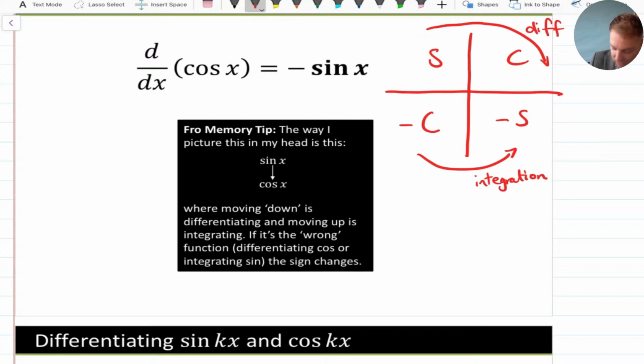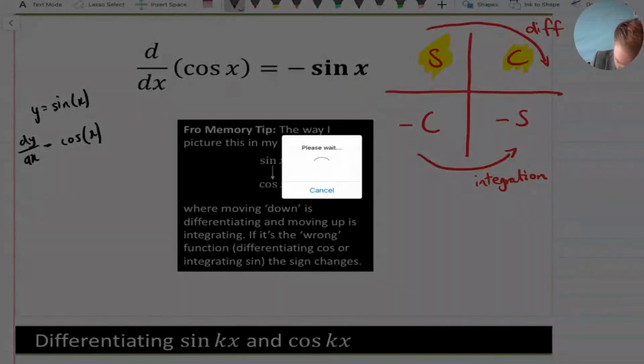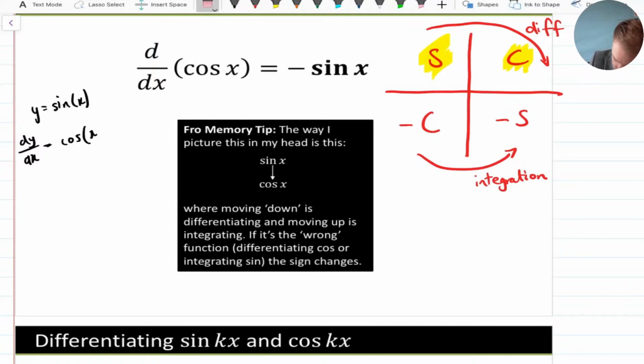So what I'm saying here is that if I differentiate sine, then the answer is cos. So let's just show that. If I've got y is equal to sine of x, then dy by dx is equal to cos of x. And in the same way, if I'm differentiating cos, let me do this in a different one.